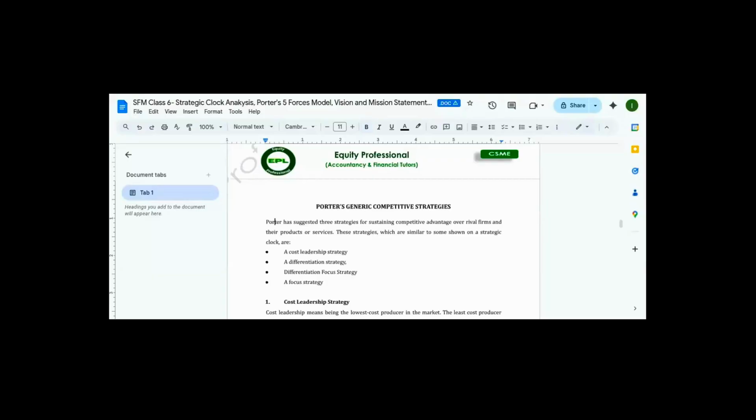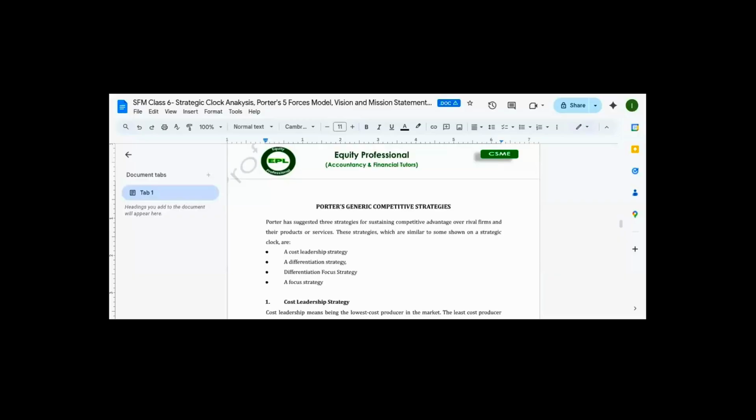Under the generic strategy, Porter suggested three strategies. So if it is three strategies, how come we are seeing four strategies here? I extended it to four because based on industry experience and what companies are doing, the strategy is now four. And there are some scholars that agitate for that.